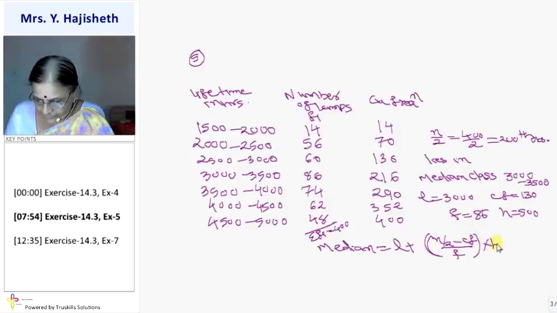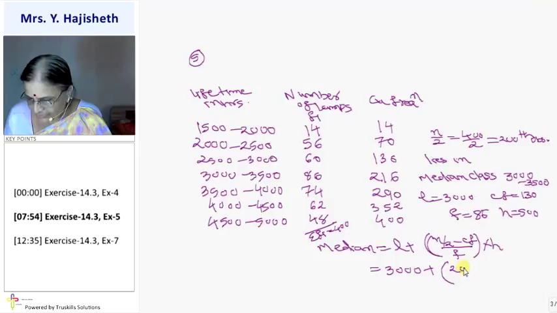So put the values. 3000 plus n by 2 is 200 minus CF is 130 upon f is 86 into class length 500.